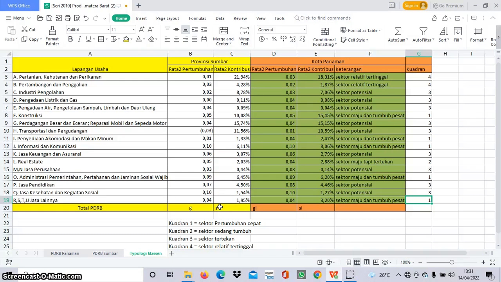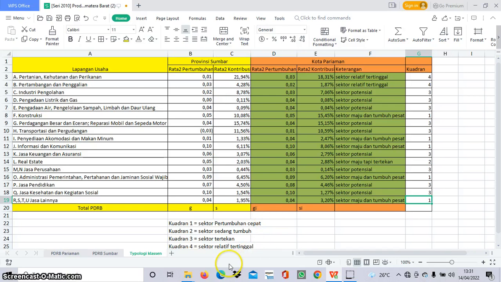This classification is usually denoted by gi greater than g and si less than s. Sector in quadrant 3 can be interpreted as a booming sector, although the regional market share is relatively smaller than the national average.